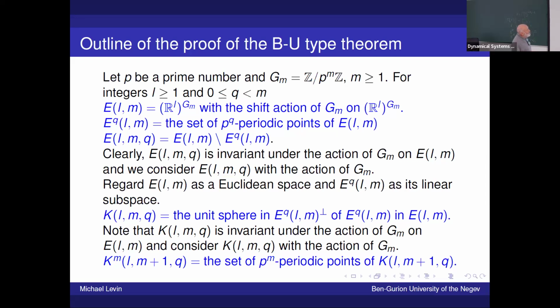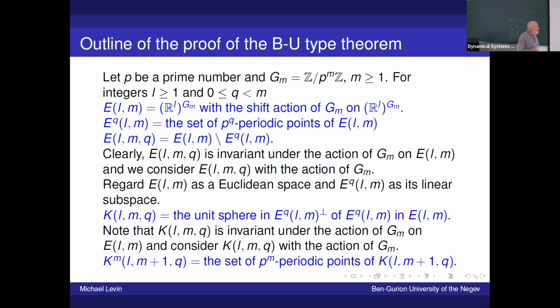E_q^n stands for the set of p^q periodic points of E_L^n. It will be a linear subspace of the E_L^n. It's invariant under the action of G_n.